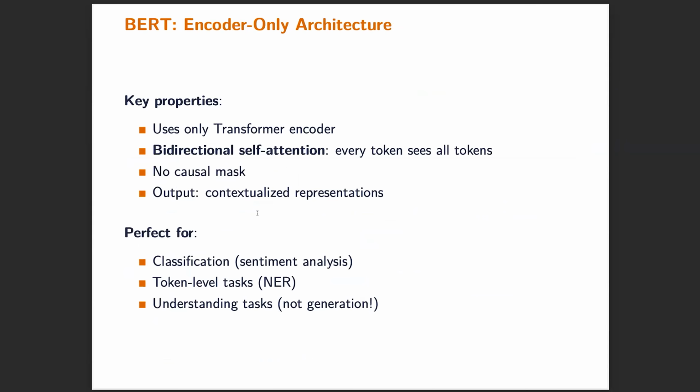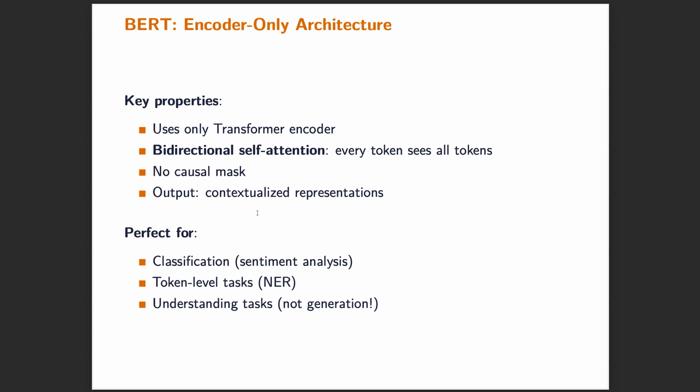Okay, so let's zoom in on BERT, which only uses the encoder transformer. Like I said, it's a bidirectional self-attention, meaning that every token can attend to all other tokens, and there's no causal mask. We really don't need that. And the output can be a contextual representation, something like the CLS token that we discussed in Vision Transformer.